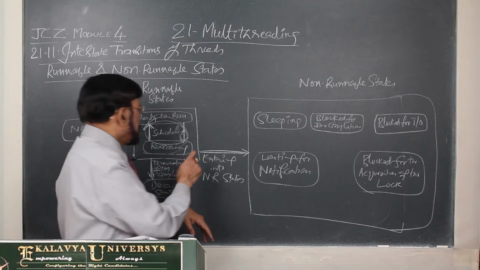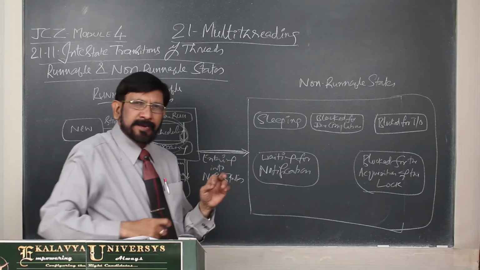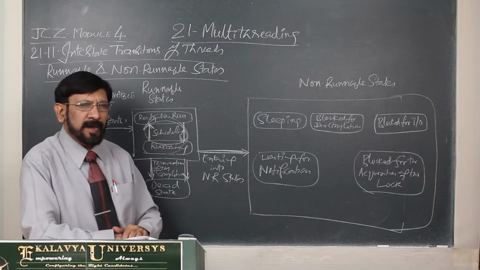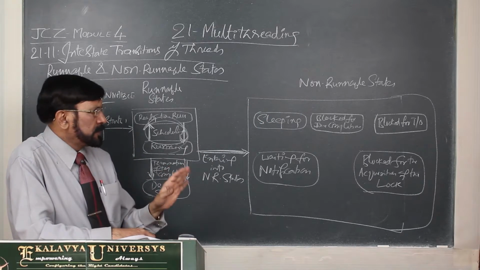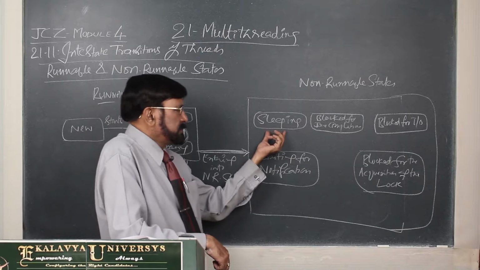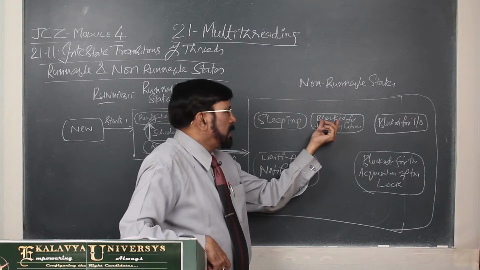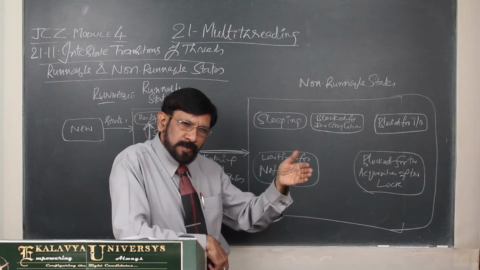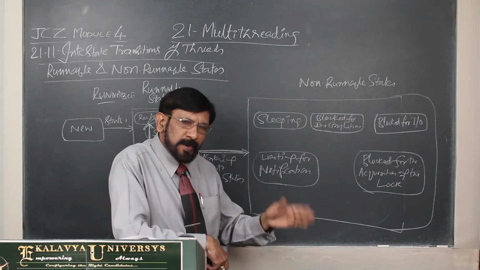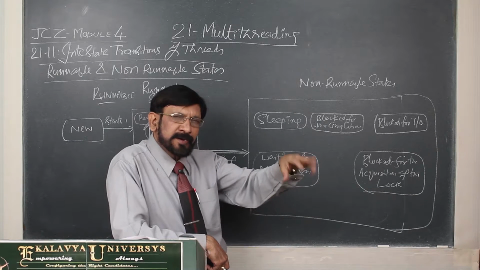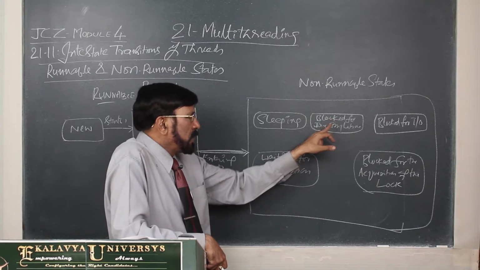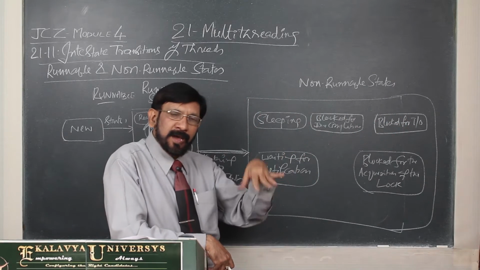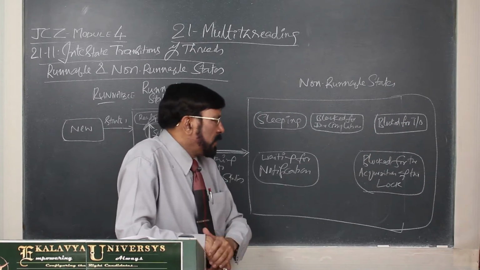Okay. Now, the thread which is in runnable state may go to non-runnable states. Already I briefed about all of them. One is sleeping and blocked for join completion. Actually, it is blocked for some other thread has to complete its job. Blocked for IO until the IO operation is performed, it is blocked.